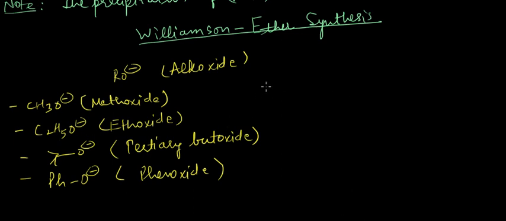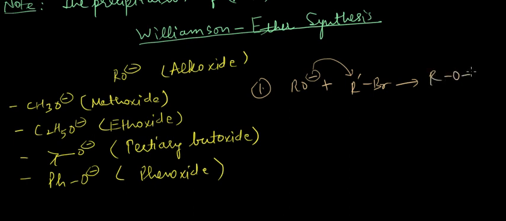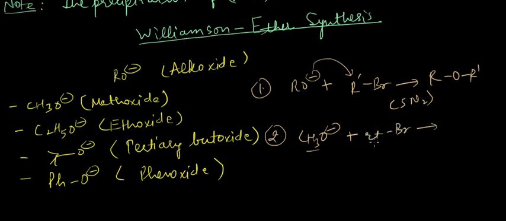Then actually in the reactions what happens is, if we have RO minus and it is reacting with R' Br, the formation of ether would take place via SN2 mechanism. Okay, so on a concrete example, if we have CH3 and Et in place of R and R', we have something called ethyl methyl ether.